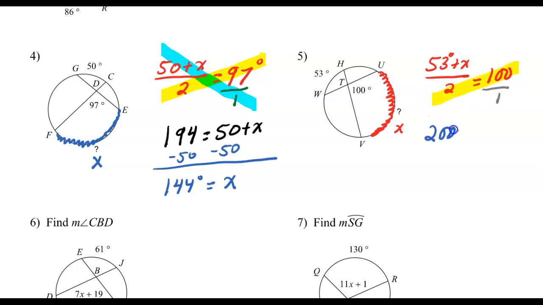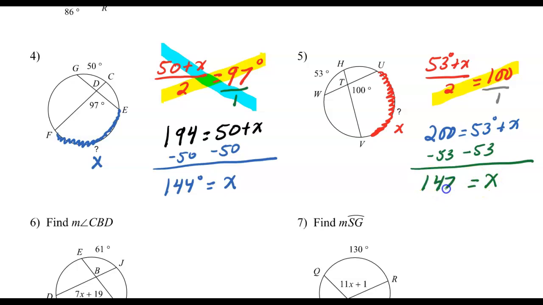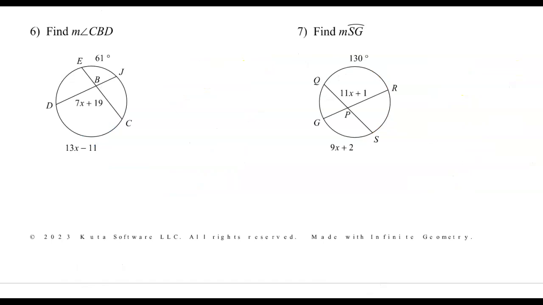So 200 is 53 plus x. I'll subtract 53 from both sides. So the arc is 147 degrees.